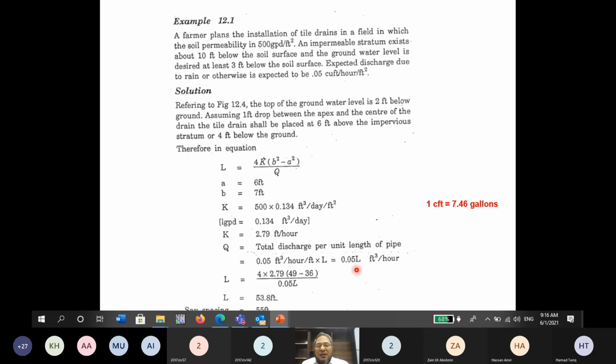Hence, after simplification, it becomes 0.05 L cubic feet per hour, and then putting in this equation, L squared is equal to 4K, K is this much, times the B square and A square values, over 0.05 L. So L becomes a square, and if you take the square root, L will come to 53.8, roughly 55 feet.